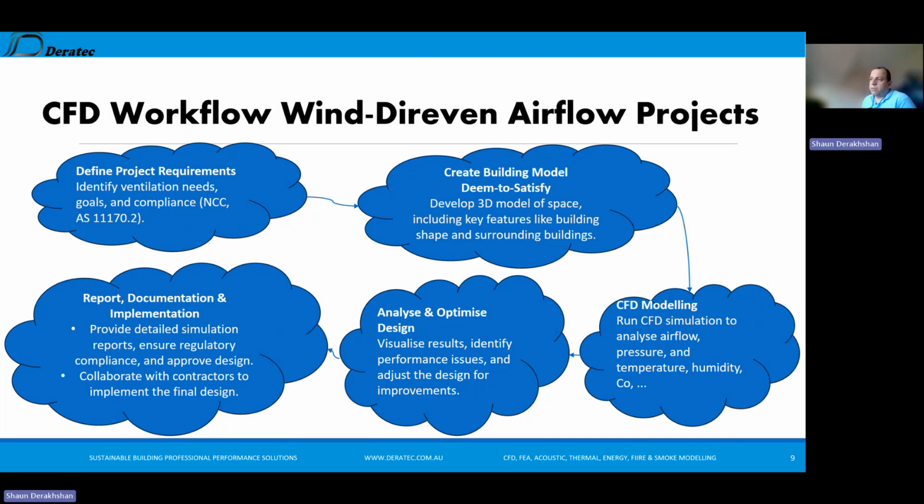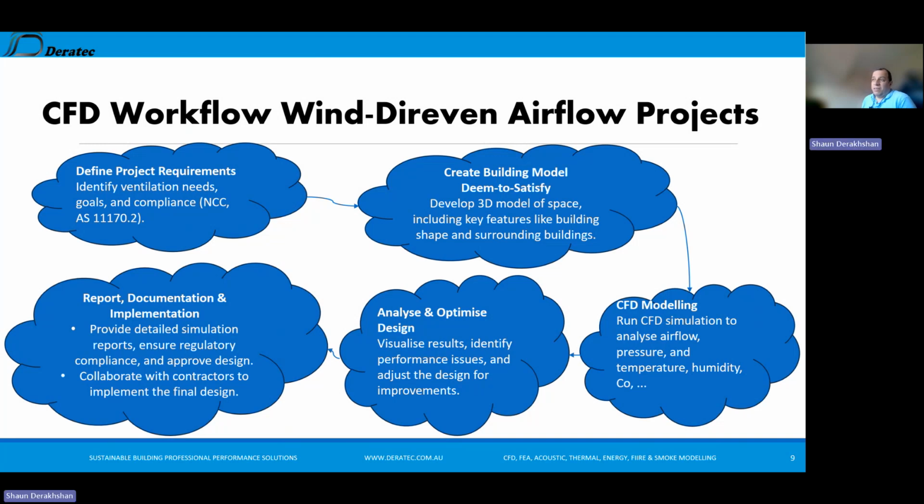But for that, we need good boundary conditions. So for climate data, we rely on 30 years, or 5 years, 10 years, whatever, based on that location, from the nearest weather station.